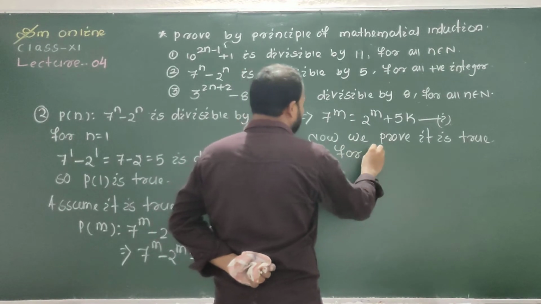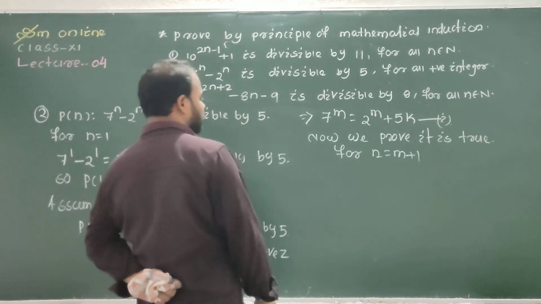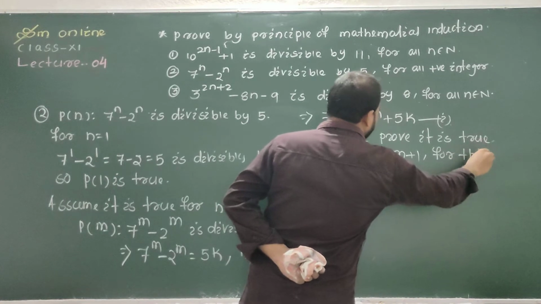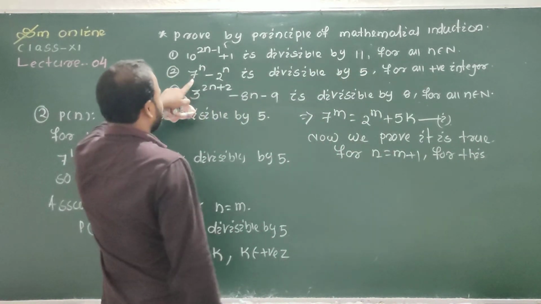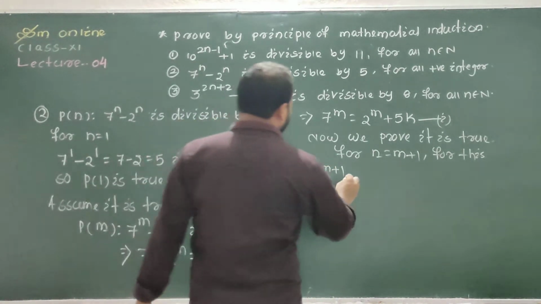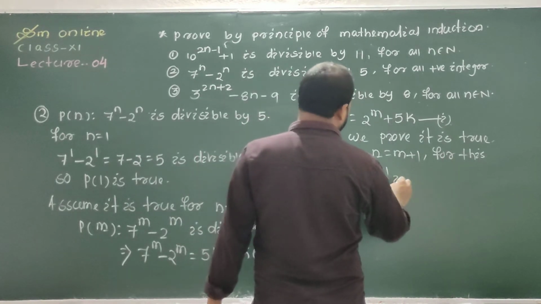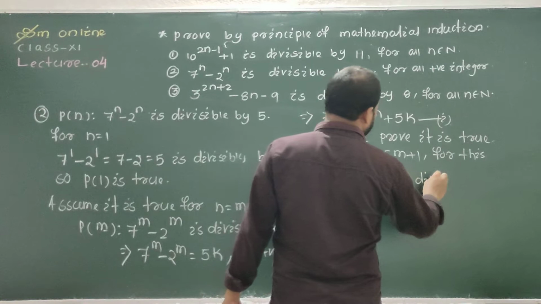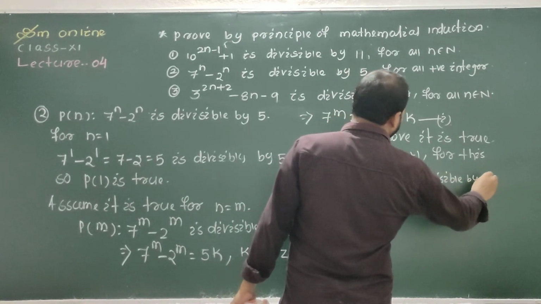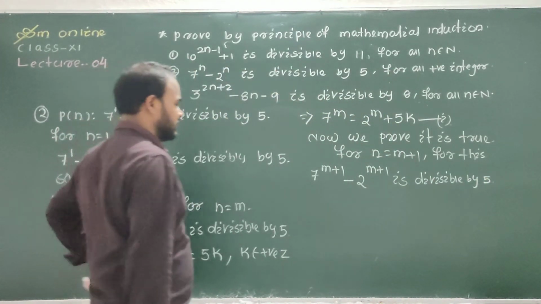For this we have to prove that 7 to the power m plus 1 minus 2 to the power m plus 1 is divisible by 5. This we have to prove.